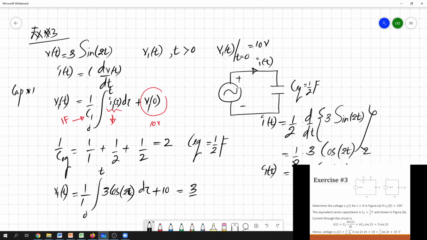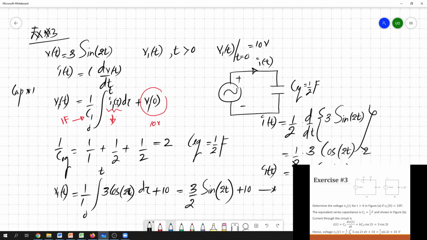So this equals 3 over 2 sine 2t plus 10. This is the voltage variation across this capacitor 1.